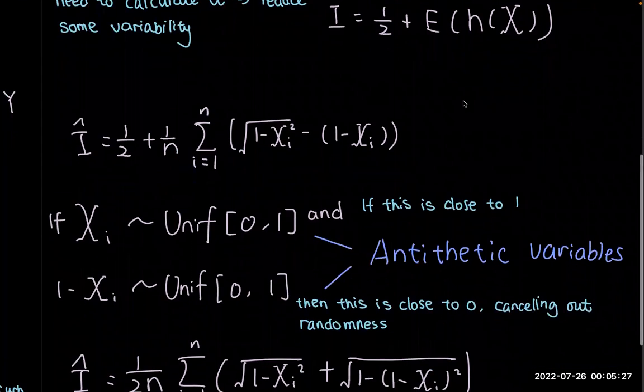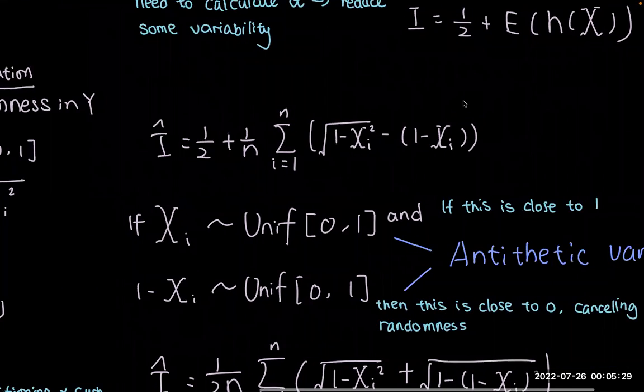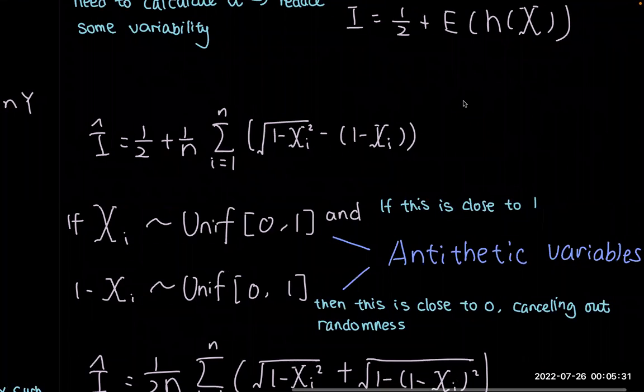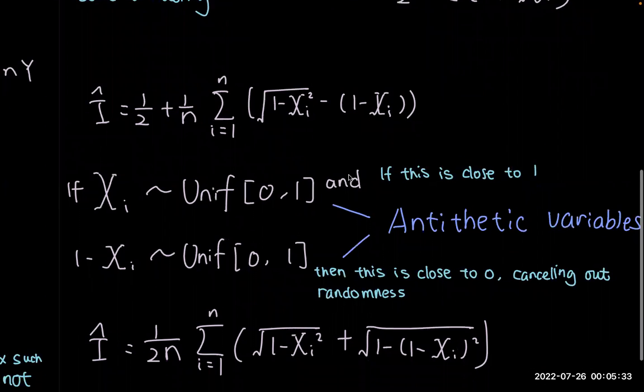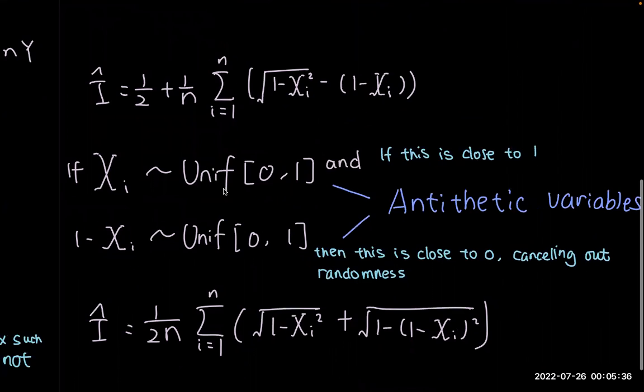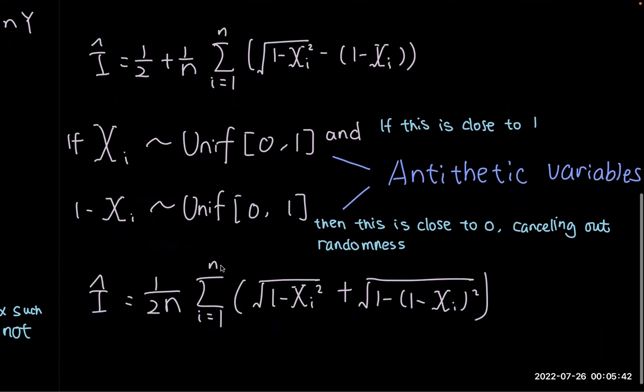Okay, another method is called the antithetic variable method. So this is based on the observation that if xi follows the uniform distribution, then 1 minus xi also follows a uniform distribution. So therefore, when you generate xi, you can also use 1 minus xi as another sample.